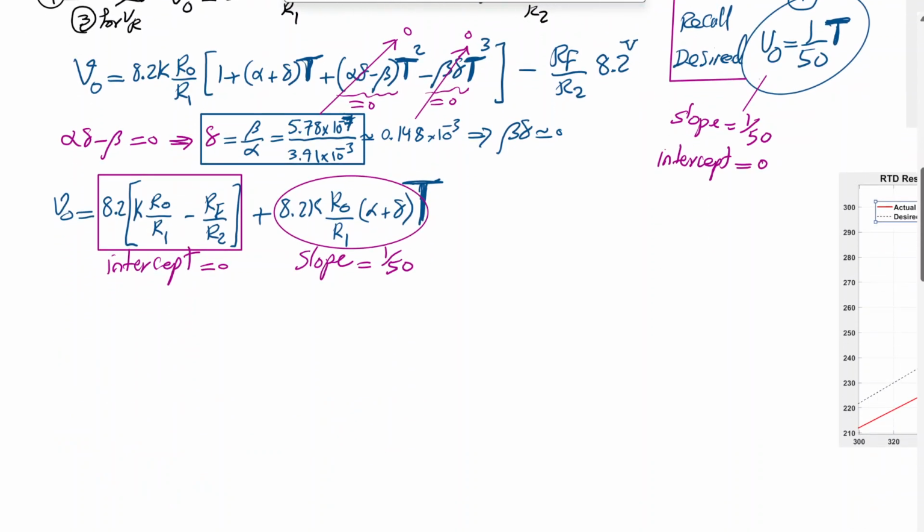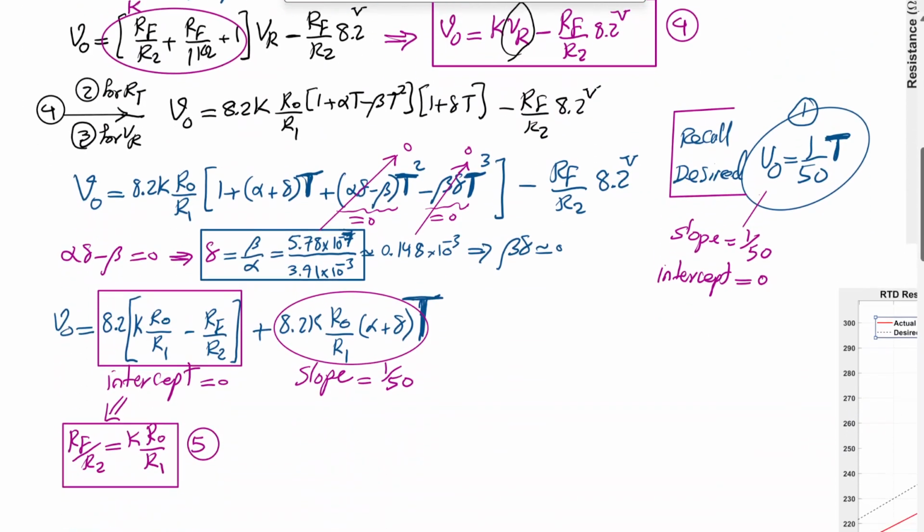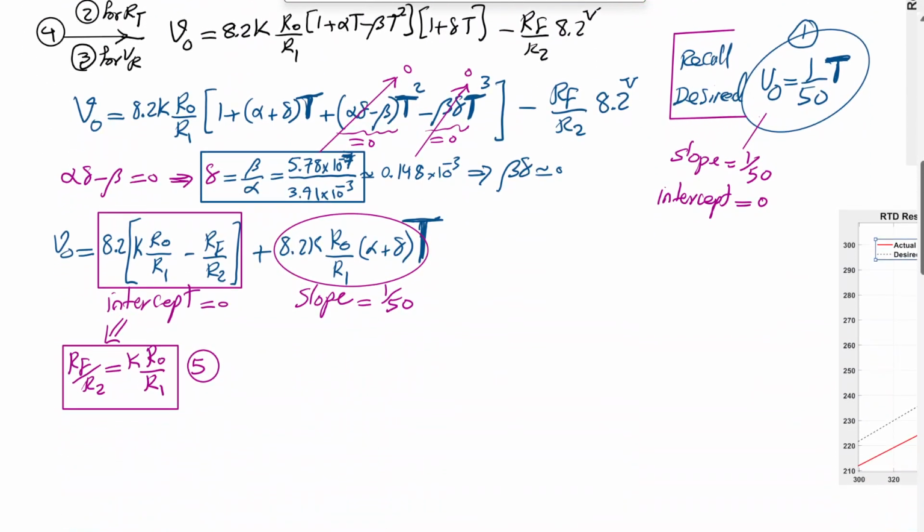If we adjust these values, what we're going to get is RF over R2 naturally is K R0 over R1. That's equation 5. And we're going to get here, obviously, K R0 over R1 is RF over R2.